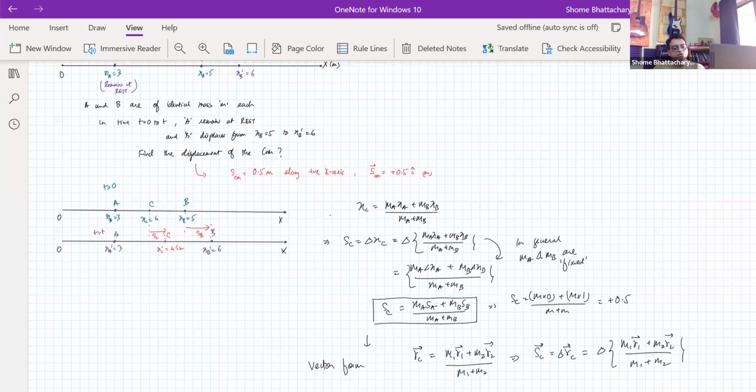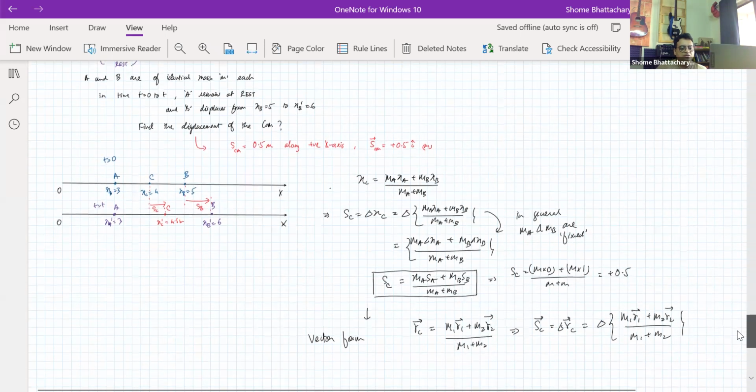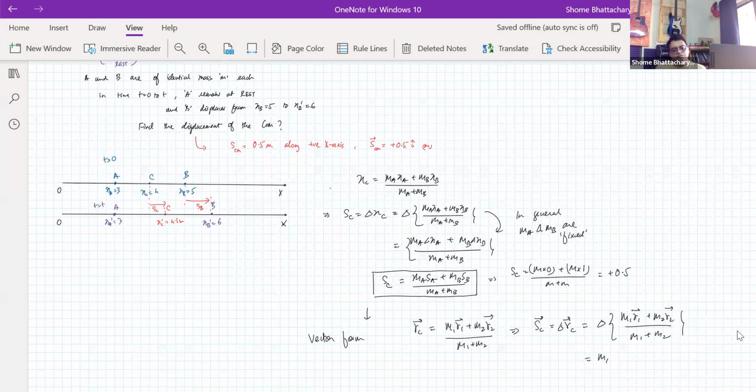And delta R1 and delta R2 are nothing but the individual displacements of particles 1 and 2 with respect to the ground frame. So again, it becomes like a weighted mean, just like we've written in the scalar form above, MA SA plus MB SB. Now it becomes a vector relation. We are going from this step to this step because M1 and M2 are constant, fixed masses.